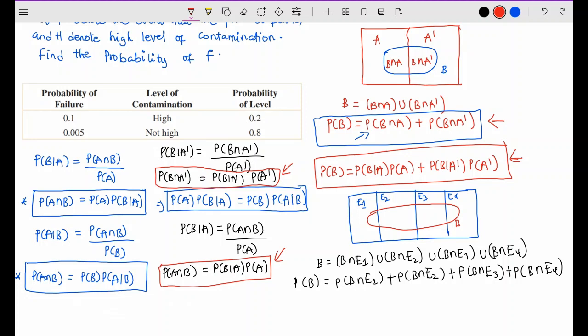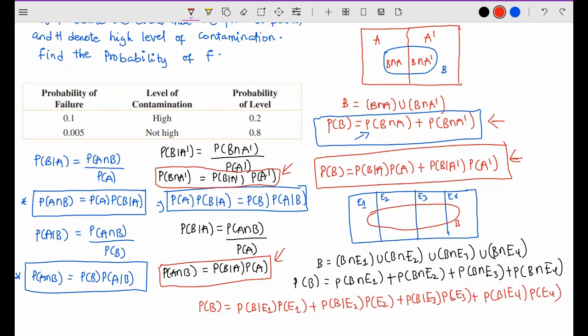In that case, the probability of B is equal to the probability of B given E1 has occurred, multiplied by the probability of E1, plus the probability of B given E2 has occurred, multiplied by the probability of E2, plus the probability of B given E3 has already occurred times the probability of E3, plus the probability of B given E4 has already occurred times the probability of E4.